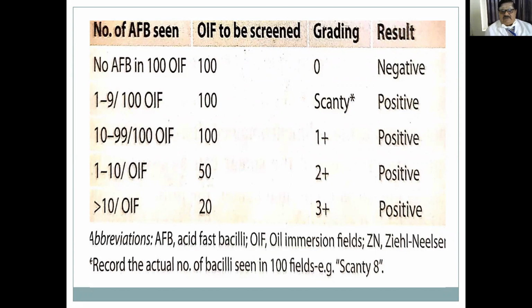Even if you don't remember all these things, you should know there is a system of grading the smear. The result is either negative, positive with scanty evidence, positive 1 plus, 2 plus, or 3 plus.